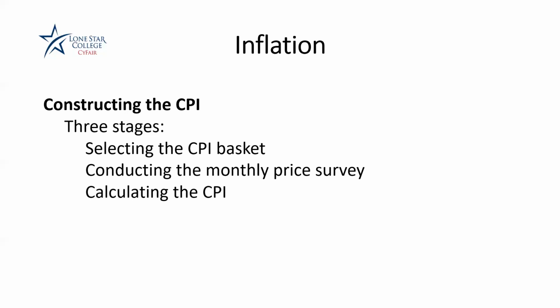It's one of the weaknesses of CPI, by the way, but they actually try to revise this basket every 2 years, and they try to capture the prices of these new products that didn't exist in the base period. But remember, we constantly have new products and new services, and that's one of the weaknesses of CPI.